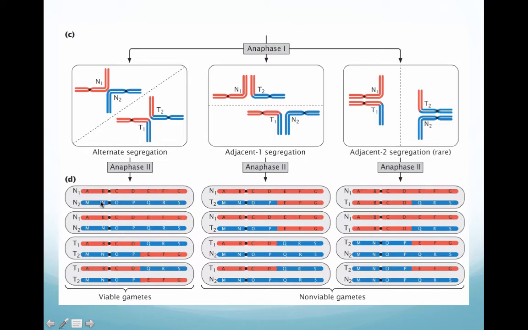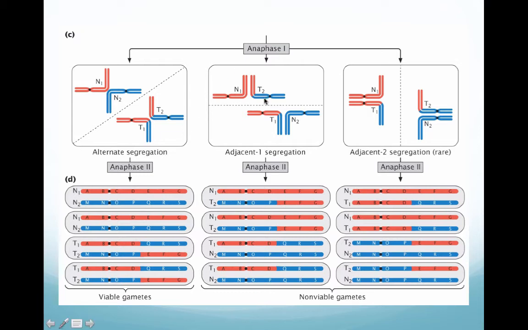N1 and N2 are normal chromosomes, nothing weird about them. N1 and N2, the second copy, is normal again. And then T1 and T2 are going to have exchanged genetic information, but it doesn't involve the centromere at this point. So they are able to go through, be copied, and segregate normally. So they result in viable gametes.